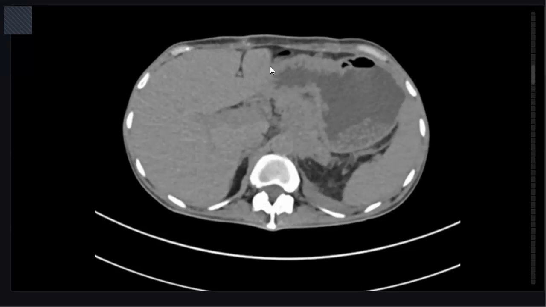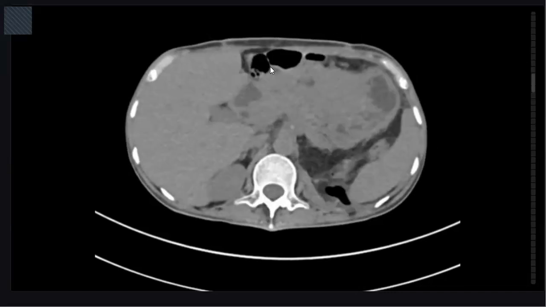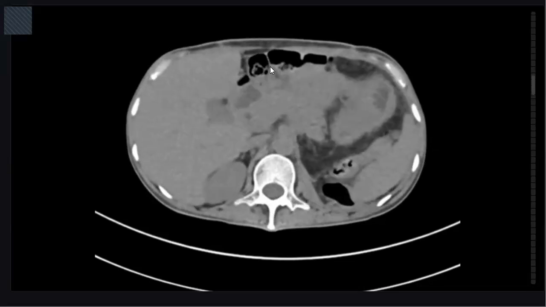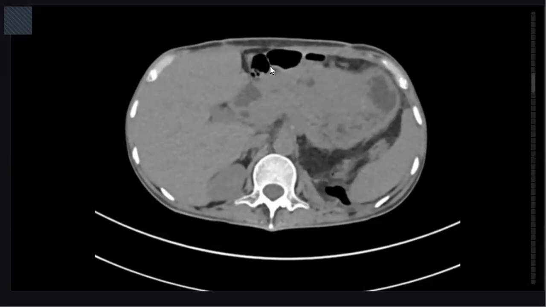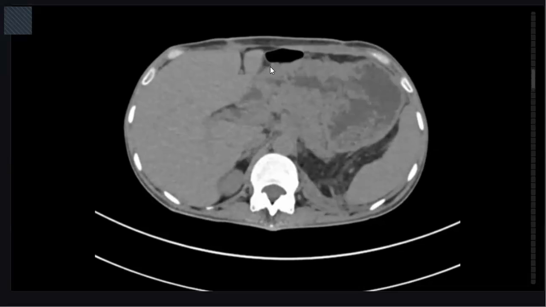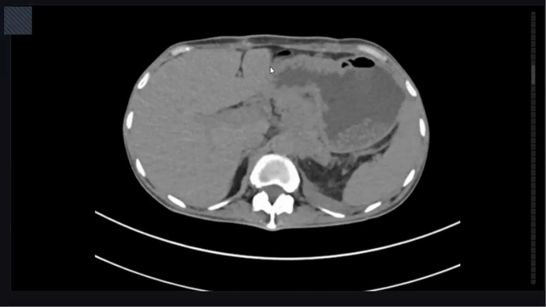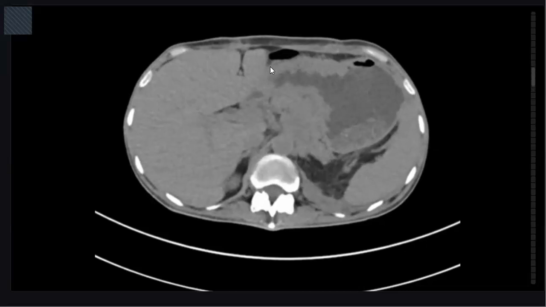Also, the wall of the stomach is showing irregular wall thickening at the pyloric region, and there is extension of the process as large soft tissue seen infiltrating this area of the stomach. I couldn't detect the gastric wall clearly, and at this area there is a serrated appearance of the thickening of the gastric wall.